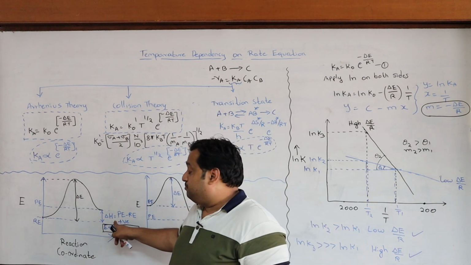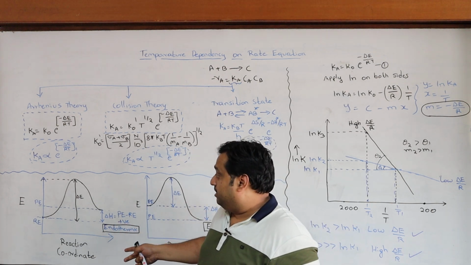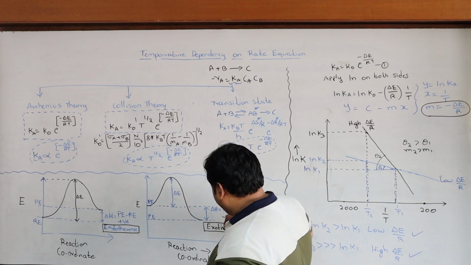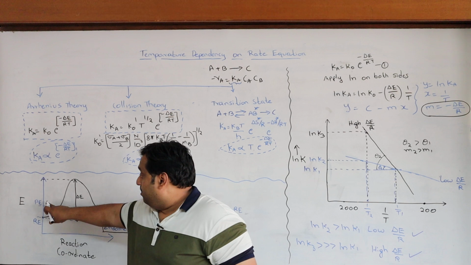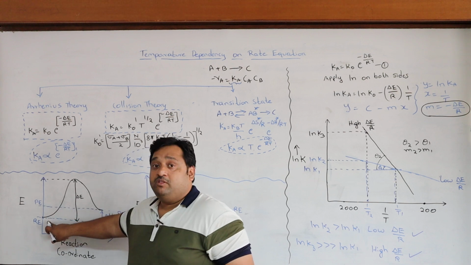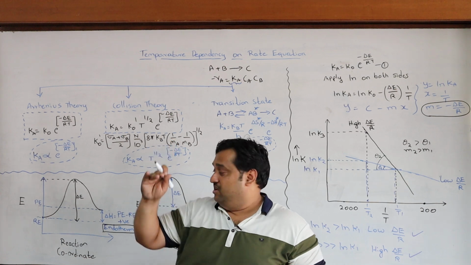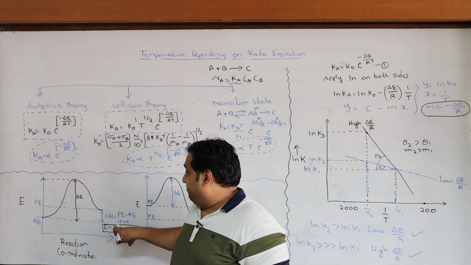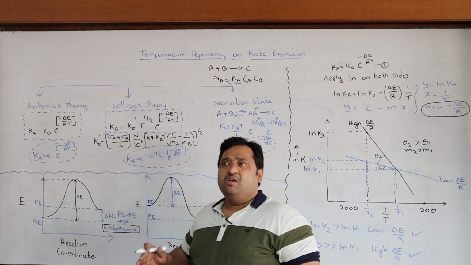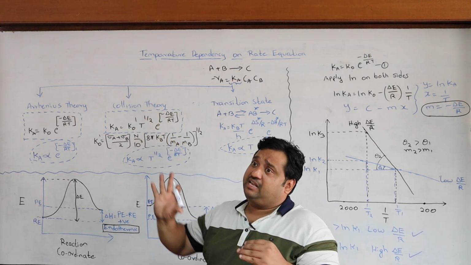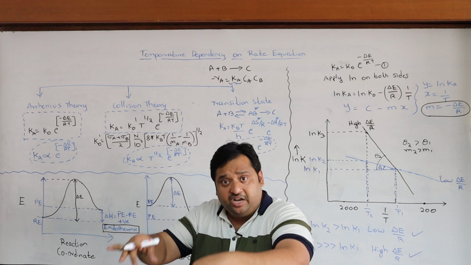If delta H is positive, that means product minus reactant is positive, so products have higher energy and reactants have lower energy. In such cases, because the product is at a higher state than the reactant, you have to supply excess energy into the system.